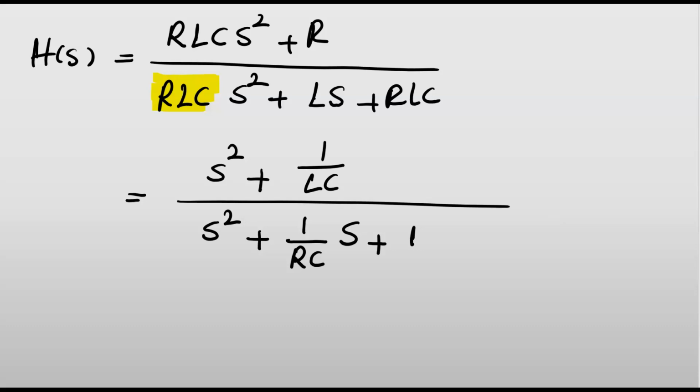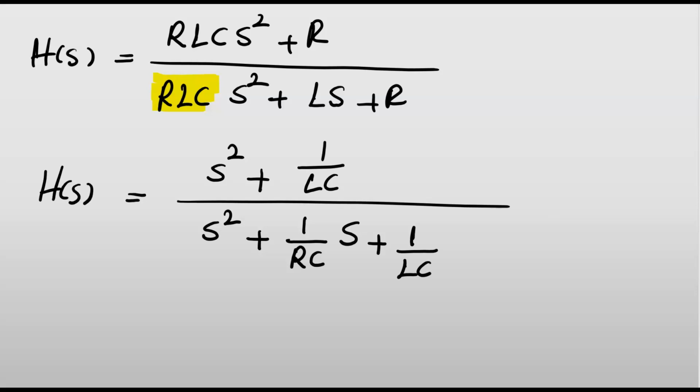Sorry, I made a mistake here. What I have here is only R, I don't have L and C. So consequently, what I'm going to have here is 1 over LC. Okay, now this is my transfer function in standard form.